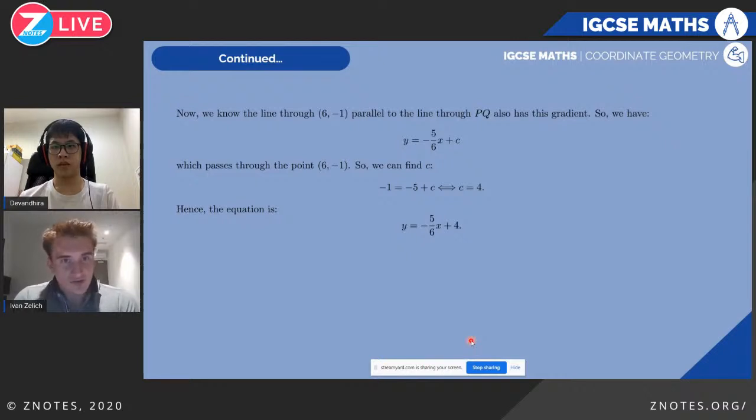Now we also know this extra bit of information that it passes through 6 and -1. So we substitute 6 for x and -1 for y. So -1 equals -5 plus c, or indeed c equals 4. And hence the equation is y equals mx plus c, which is y equals -5 on 6 x plus 4.